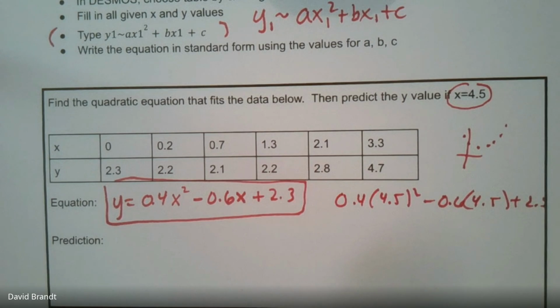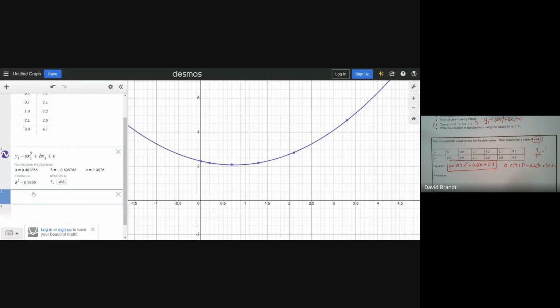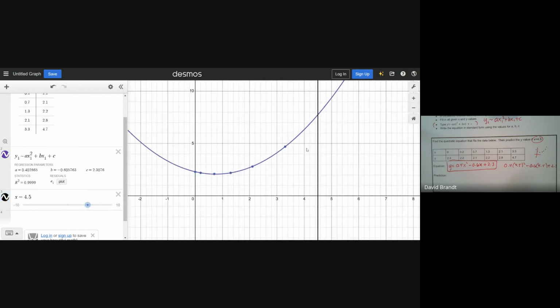Now I'm going to share my screen again, go back to Desmos. Just go down here and instead of plugging in, just type in x equals 4.5. If you type in x equals 4.5, you're going to get a vertical line. I'm going to have to zoom out a little bit. Just look where that vertical line crosses the graph.